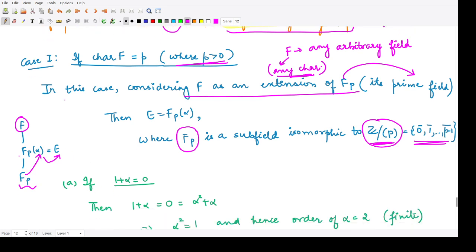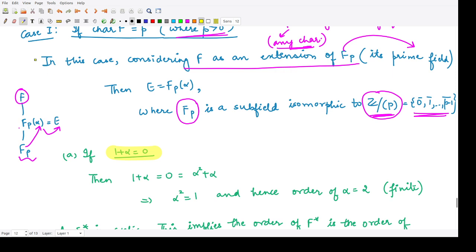So in this case, what would happen? If 1 plus alpha is equal to 0, that means if you multiply by alpha, what would you have? Alpha into 1 plus alpha would be alpha into 0, so you would have alpha plus alpha square is equal to 0.